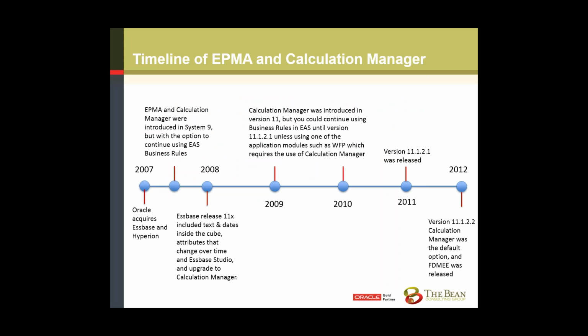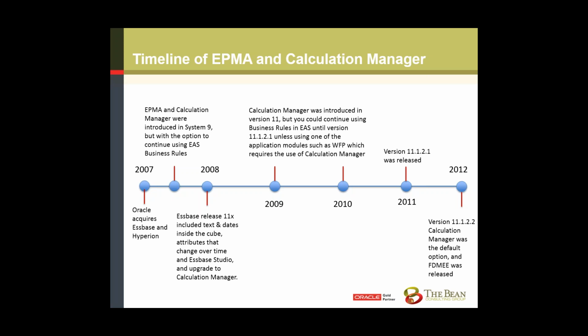I don't want to be too disparaging, but it was a bit clunky and had a lot of issues that needed to be worked around in System 9. Then in 2008, Release 11 came out that had a number of new features, including Essbase Studio, as well as some enhancements to Calc Manager.